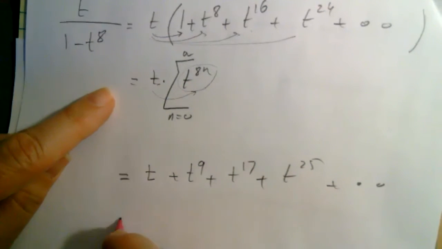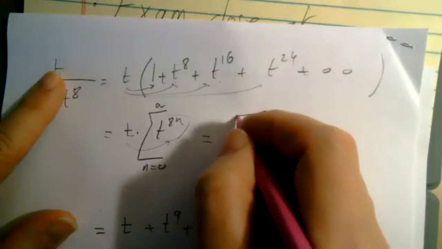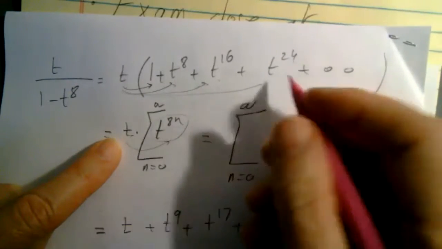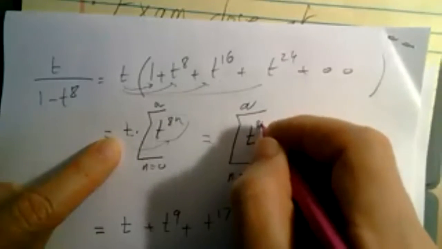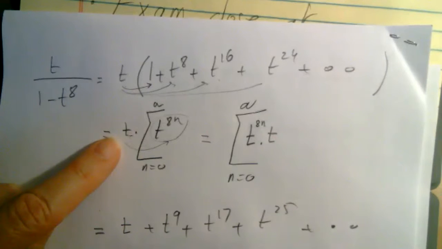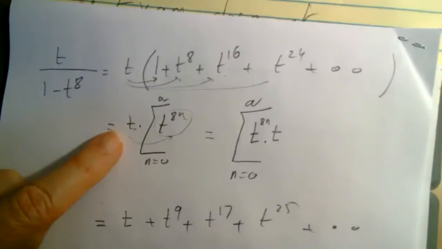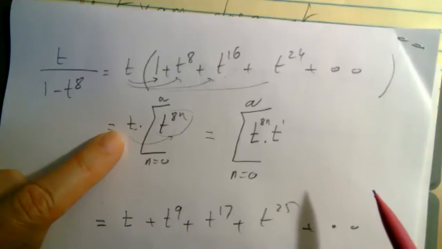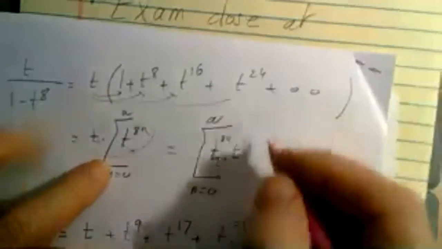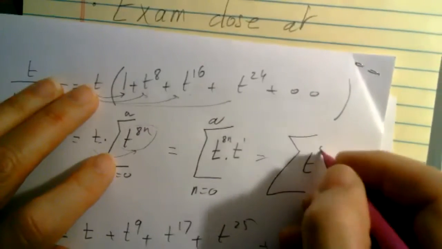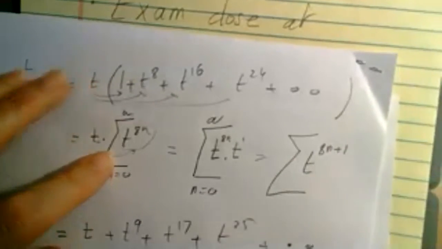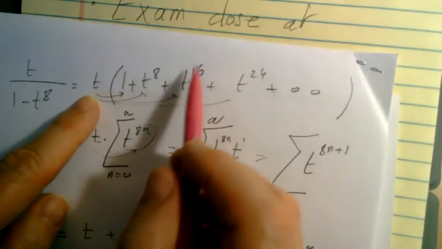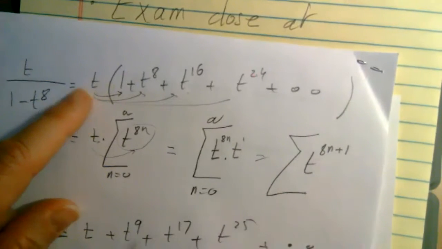So basically, this is sigma n equals 0 to infinity, every term multiplied by t, so t to the 8n times t. At this stage you're adding the exponents, and this is going to give me t to the power 8n plus 1. Because now I am multiplying each term by t, so I'm adding 1 to the exponent, and it's going to give me 8n plus 1.